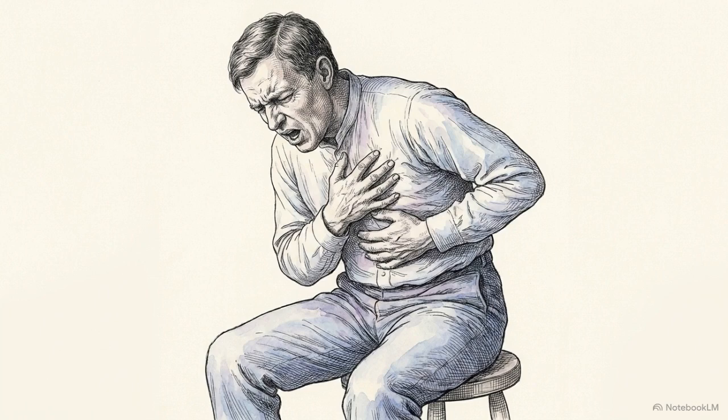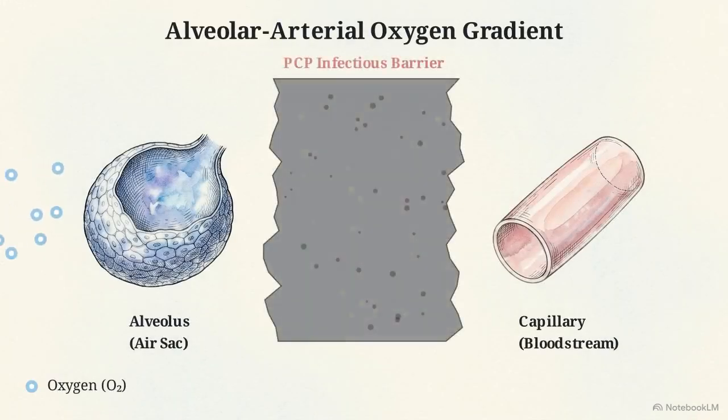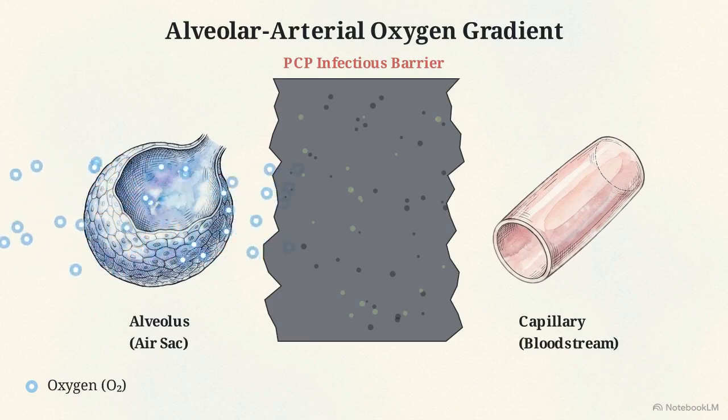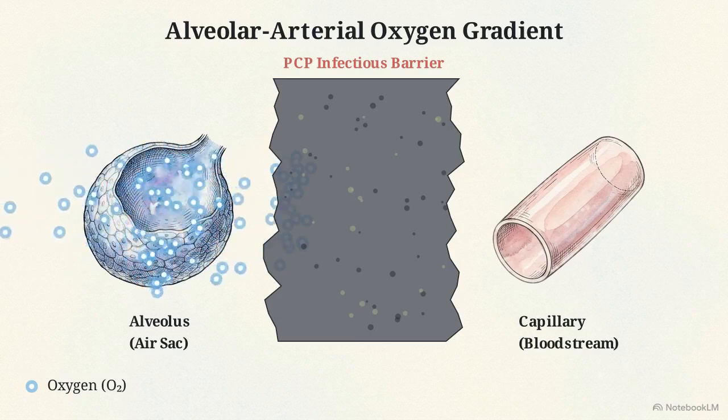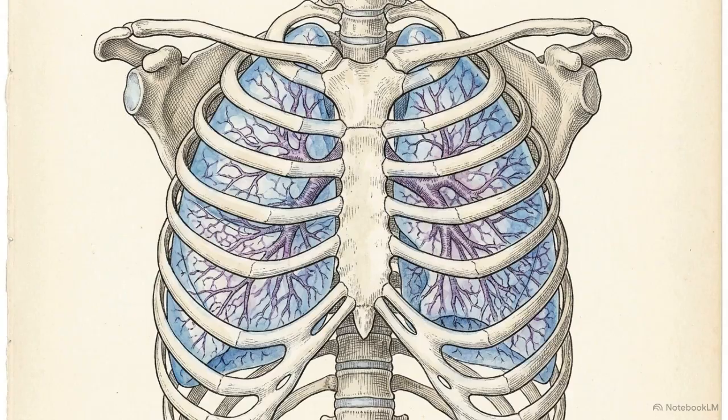Patients present with a dry cough, progressive hypoxia, and a notably increased alveolar arterial oxygen gradient, meaning oxygen cannot efficiently cross from the lungs into the bloodstream. A chest X-ray typically reveals a classic radiological hallmark: bilateral interstitial infiltrates radiating outward from the hila of the lungs.